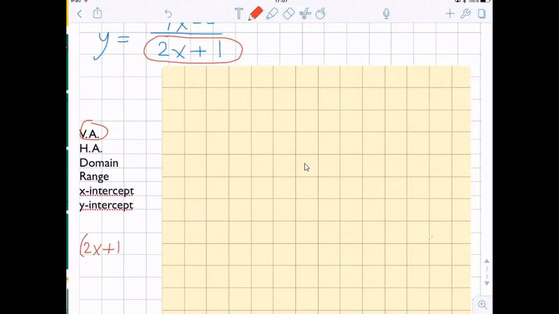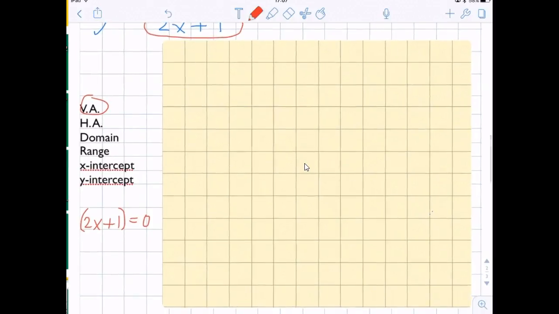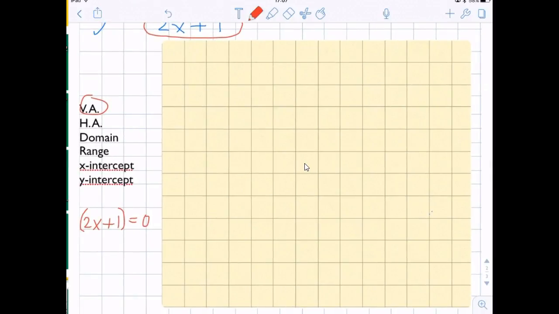So what I'm going to do is I'm going to take the denominator, I'm going to set it equal to 0 to see if there's a solution to that equation. If there is, then that's an illegal value of x. So I'm going to do algebra now to figure out if there's a value of x which makes this true. So I'm going to subtract 1 from both sides. Then I'm going to get 2x equals negative 1. Then I'm going to divide by 2 on both sides. And then I'm going to get x equals negative 1/2.